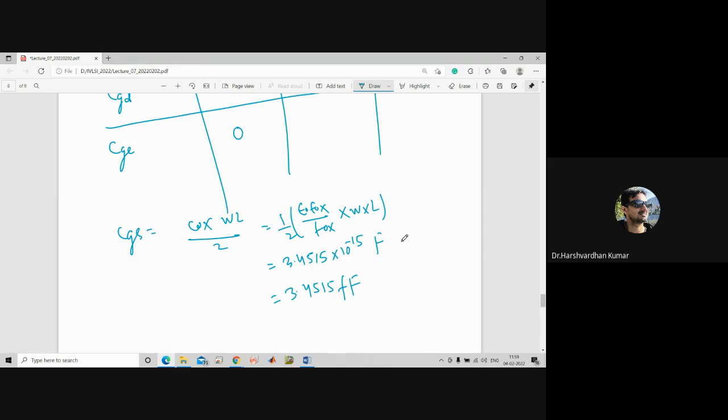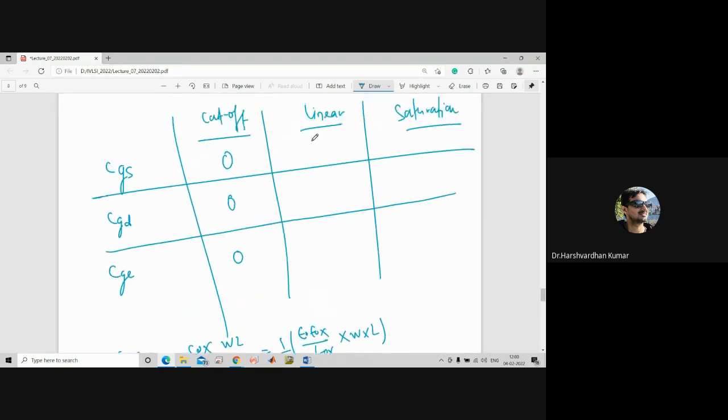Same value, or different? Yes. So the value will be 3.4515 femtofarad.